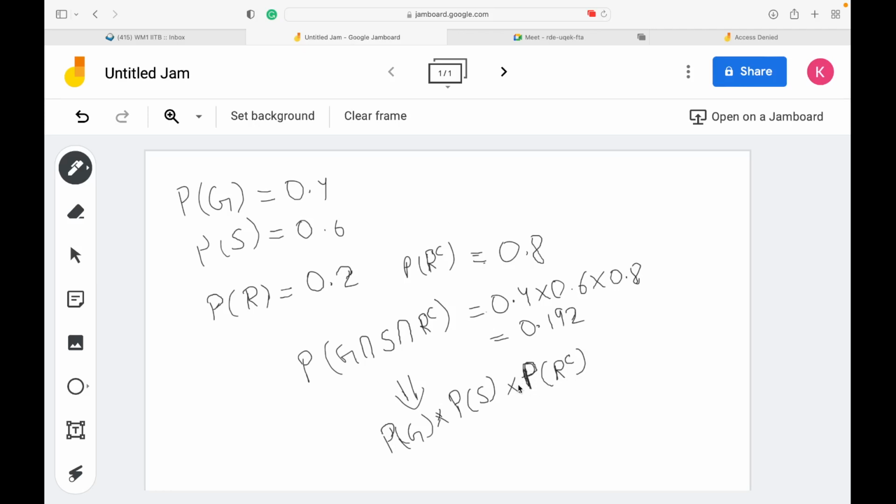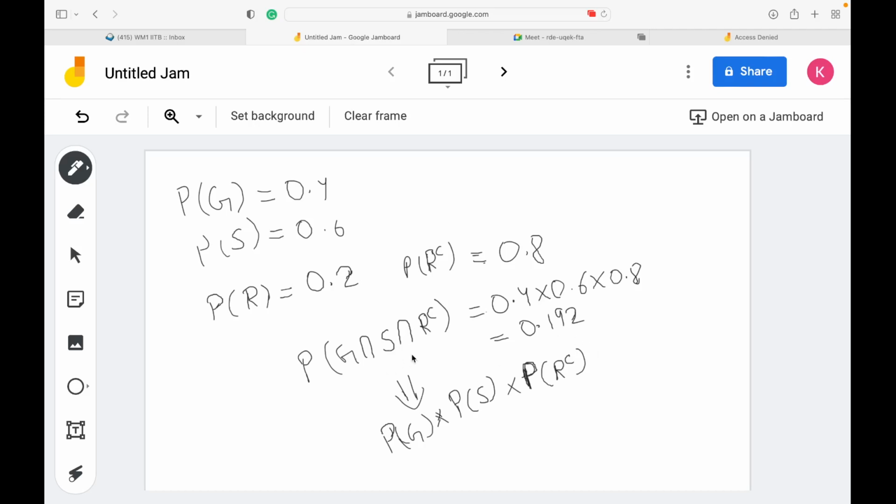So this is the probability that all these events will occur simultaneously. If it is asked that either of these events will occur, then this will be union, and then we will add the probabilities. We will not multiply the probabilities. We are multiplying the probabilities because it is saying that these events should occur simultaneously.